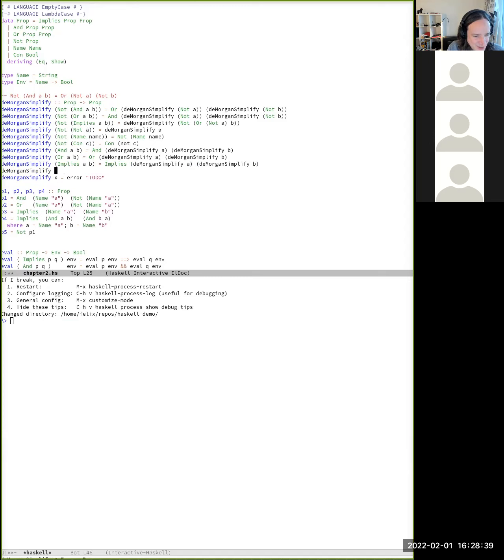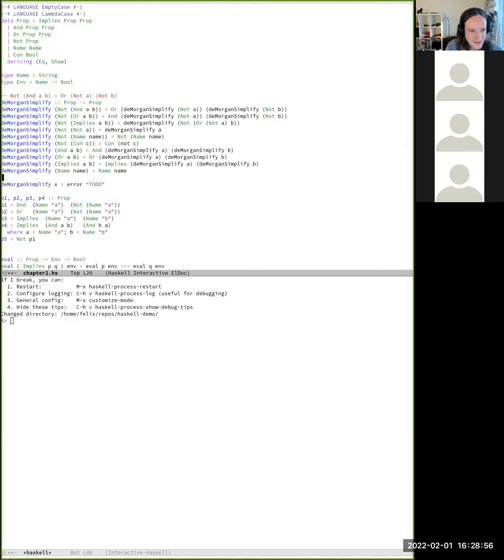Yeah, it's partly deMorgan simplify at least, so we could rename it, right? Yeah, I mean, two cases are missing. Maybe I should write those down because in those two cases, I really want to do nothing, I guess. So constant C, and I just mention them all explicitly. Good. Is redundant. Good.